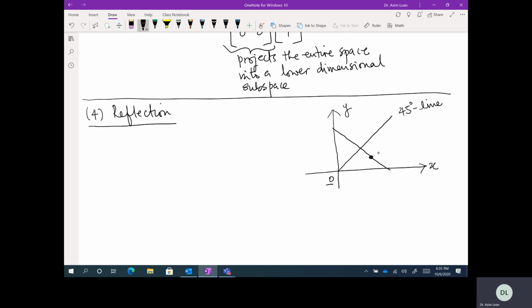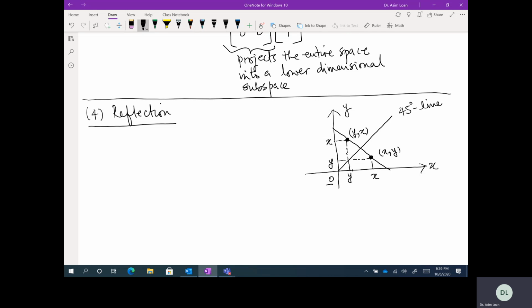This point is some (x, y), with x and y as its coordinates. The mirror image of this one is somewhere over here, so this point is x and this point is y. So this image point is (y, x).